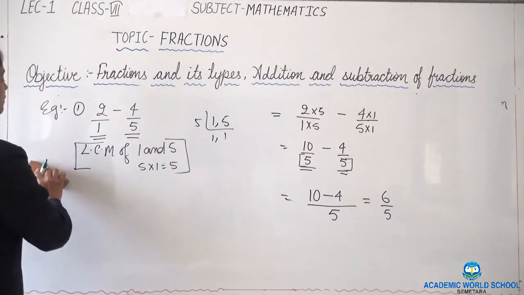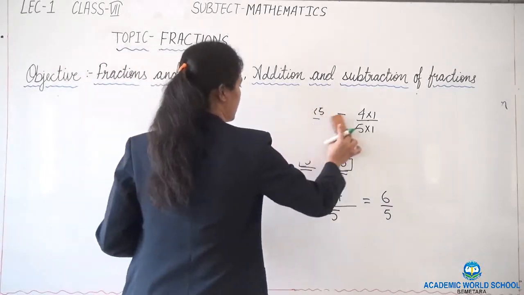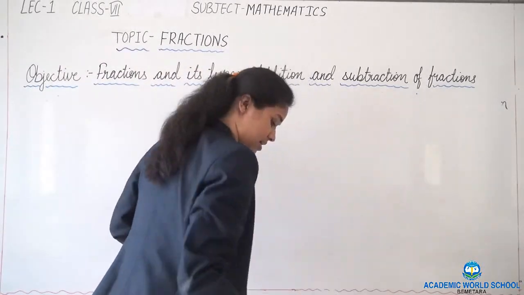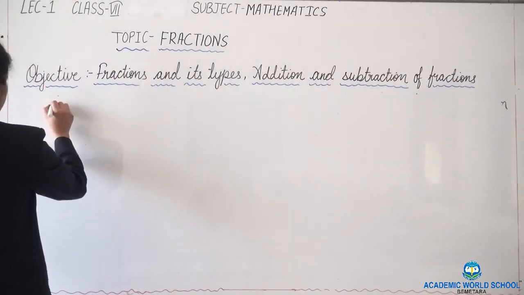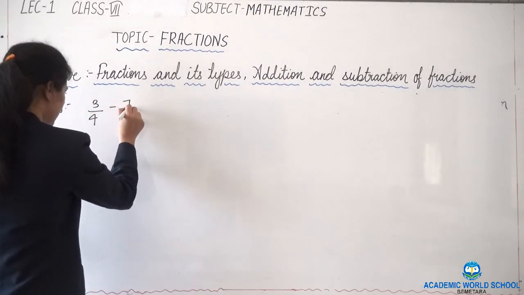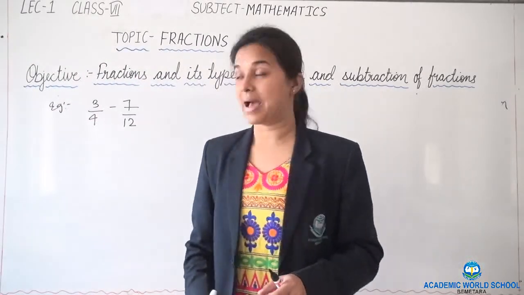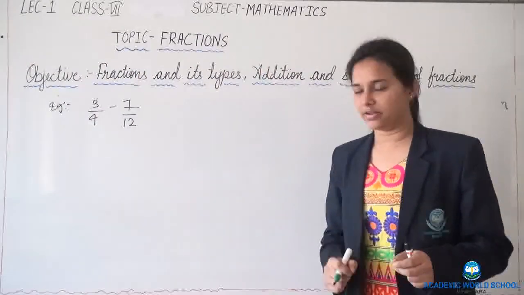Let us consider one more example. The second example I am taking here is 3 by 4 minus 7 by 12. 3 by 4 minus 7 by 12.